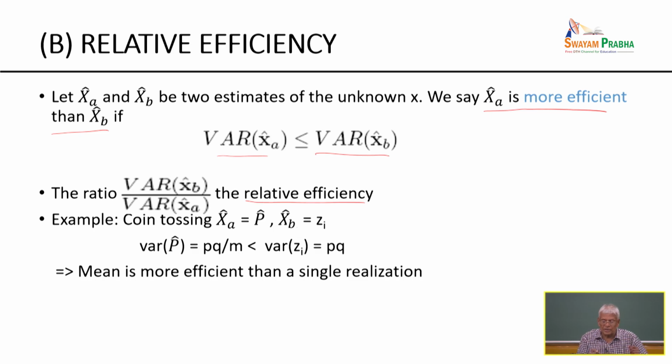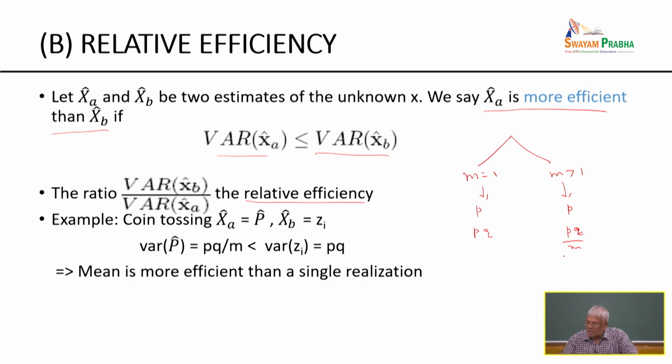Now let's look at the coin tossing experiment. We have already seen, if m is equal to 1, the estimate is P and the variance is PQ. If m is greater than 1, the estimate is P hat and the variance is PQ by m.